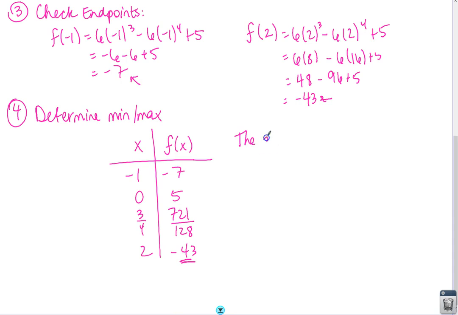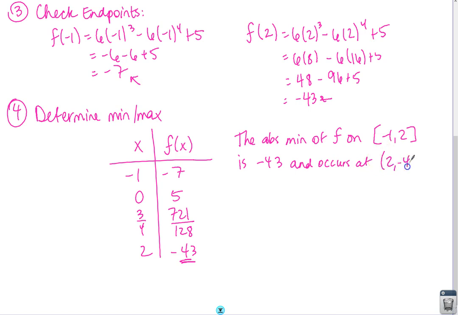So the absolute minimum of f on -1 to 2 is -43 and occurs at 2, -43. The absolute maximum of f on -1 to 2 is, let's see, I know it's automatically not that one, so it's between these two.